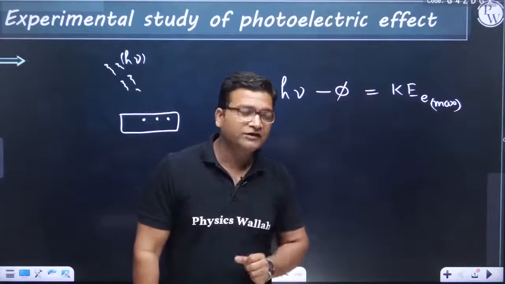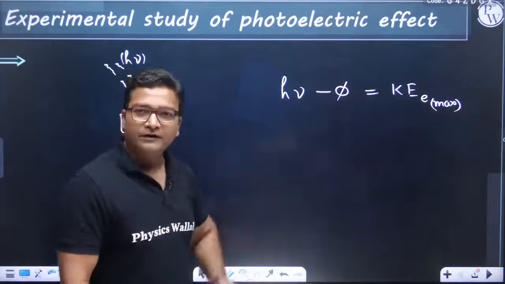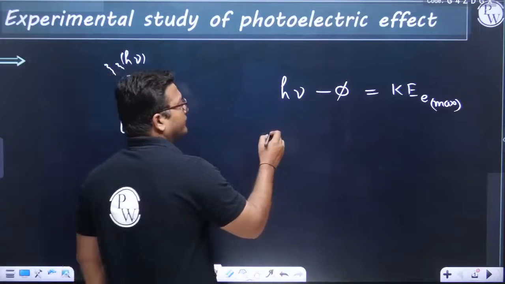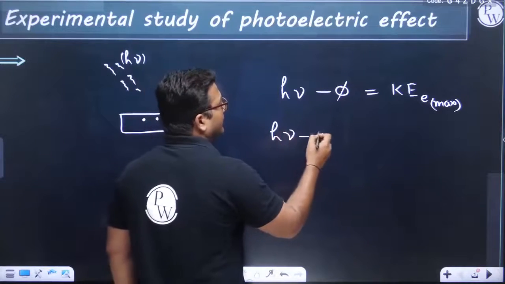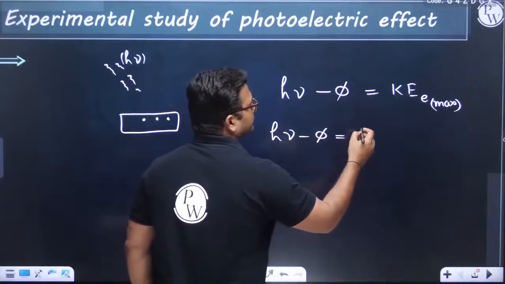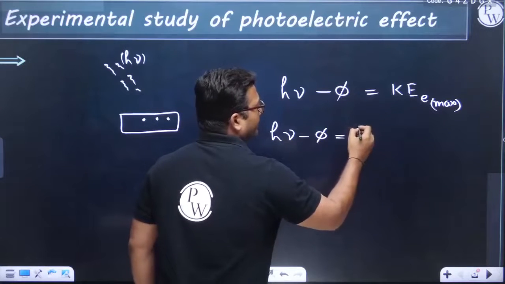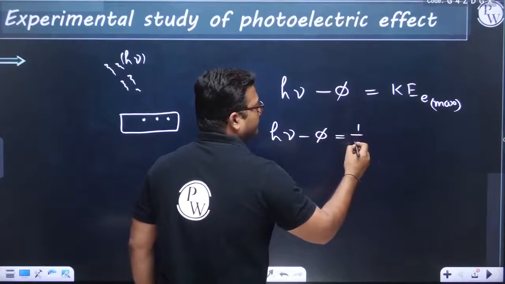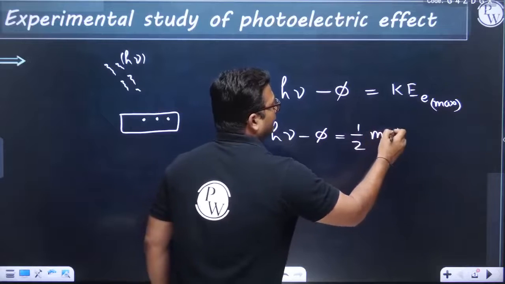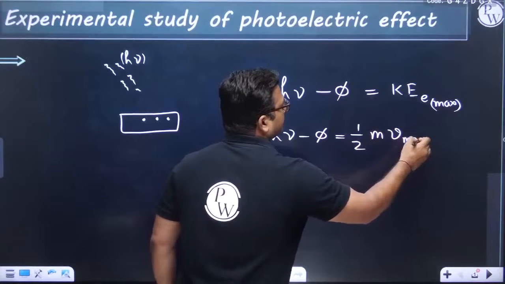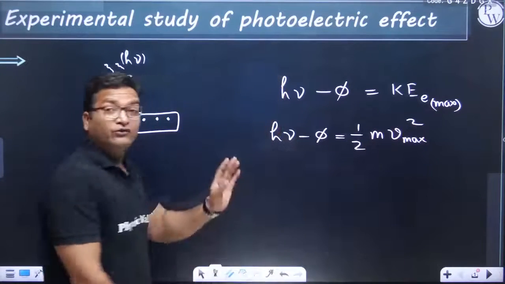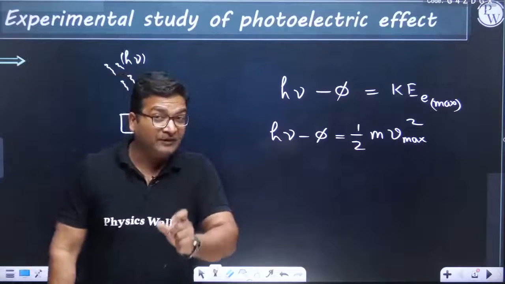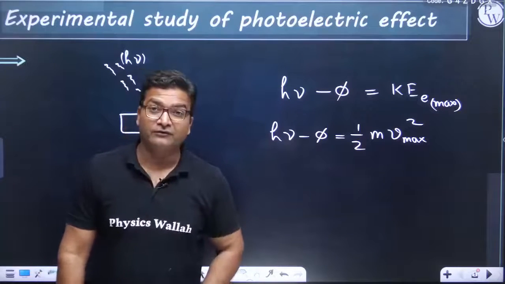That is the limitation of this equation. You can also write h nu minus phi equals kinetic energy, and for an electron of mass m it can be written as half m v max square. And remember, by using this formula you can calculate the speed of the fastest electron only.